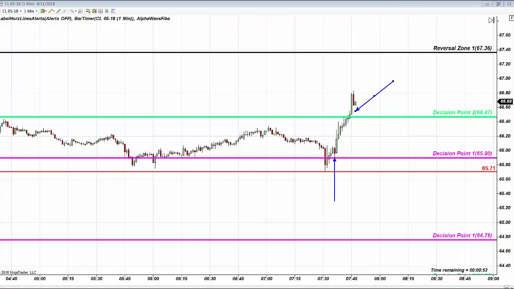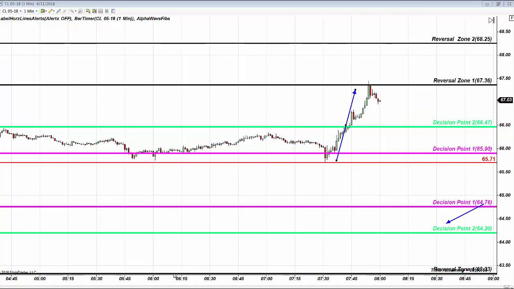Are you surprised what oil had done? Skyrocketed 170 points, 165, but entered the problem, reversal zone. My goodness, is it possible the method is that accurate? Absolutely.